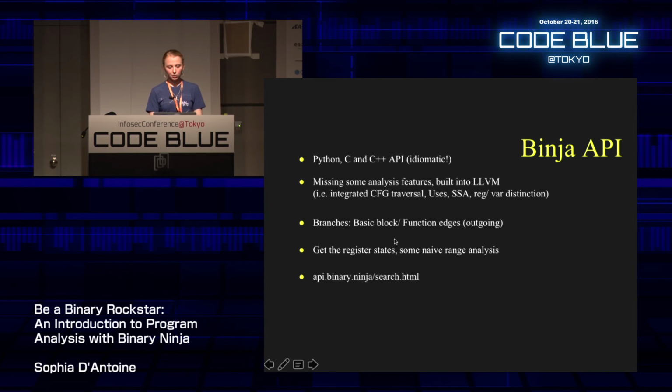Some other things that they're still working on: following branches is quite convoluted because not only do you have to iterate over the next basic blocks from the ending basic block, you have to know the function you're in, which can get tricky if you're working on misaligned code or other types of things.